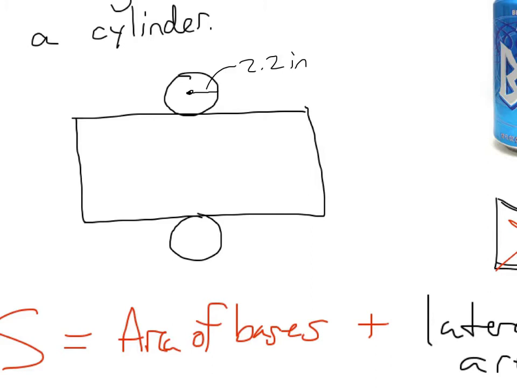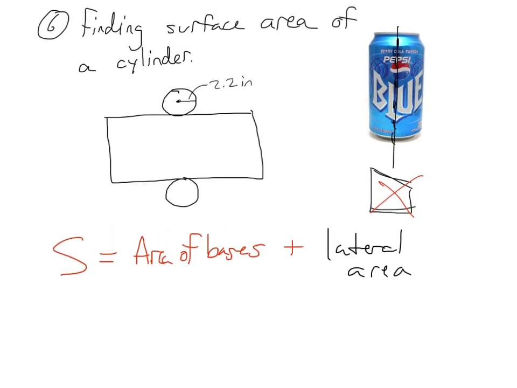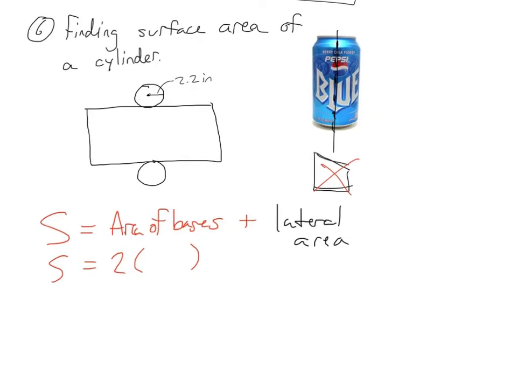All right, so let's see. That's the surface area of the bases. Well, we have two bases, so we're going to have 2 times the area of one of the bases. How do we find the area of a circle, though? Well, A equals pi r squared. So we're really going to change that into pi times 2.2 squared.